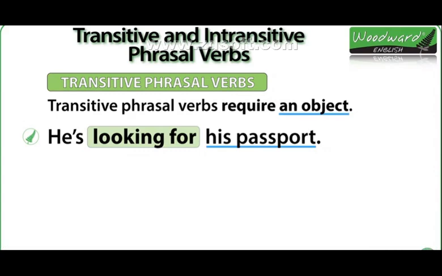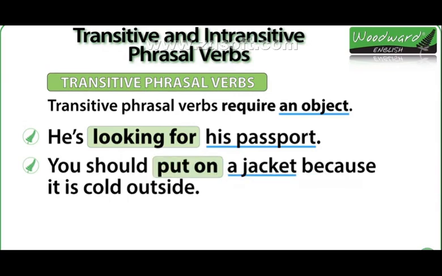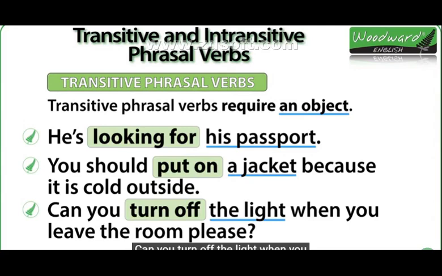Now more examples of transitive phrasal verbs in sentences. خلينا ناخد أمثلة أكثر على الأفعال transitive. He is looking for his passport. His passport is the object. You should put on a jacket because it's cold outside. Jacket is the object. Okay. Can you turn off the lights? The lights here is the object.